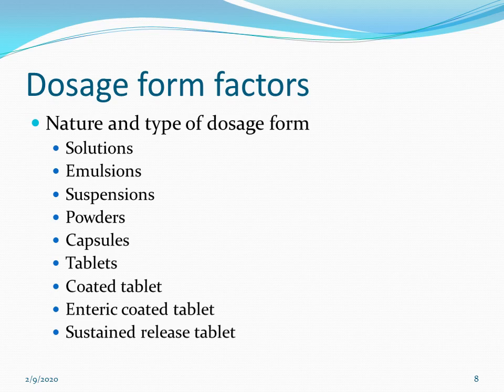So in this session, we have seen the dosage form related factors like disintegration time, manufacturing variables, the excipients, and the nature and type of dosage form, and how they affect drug absorption.